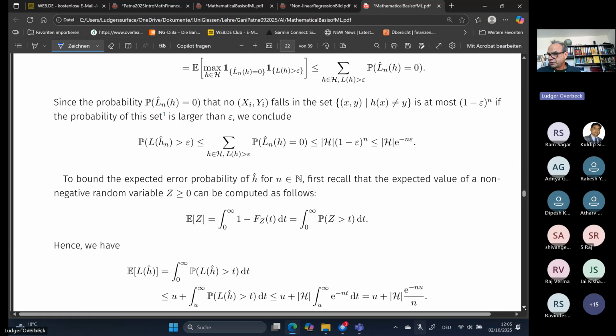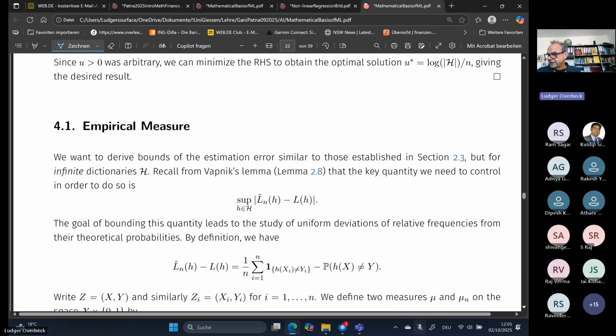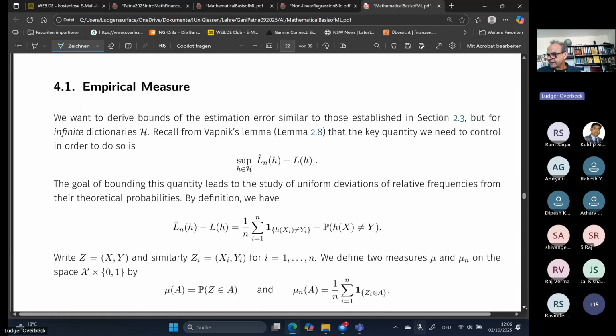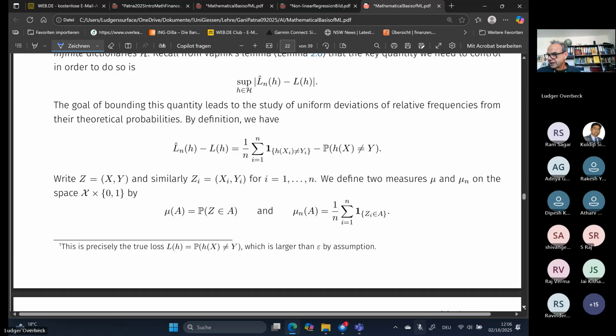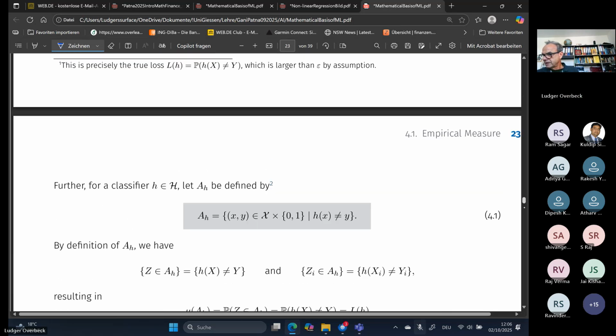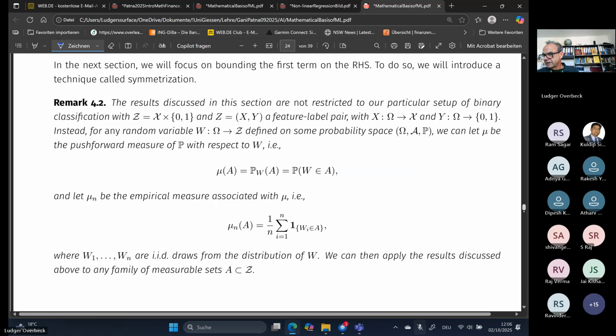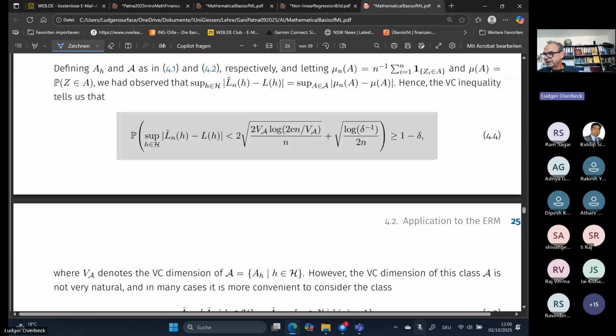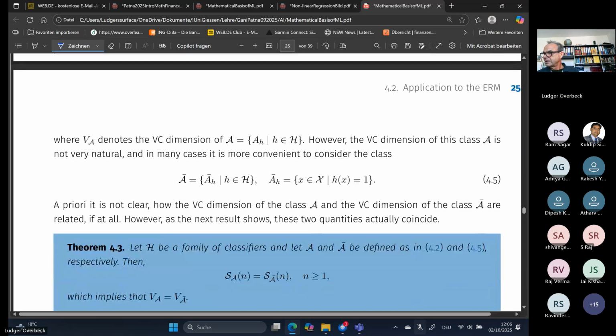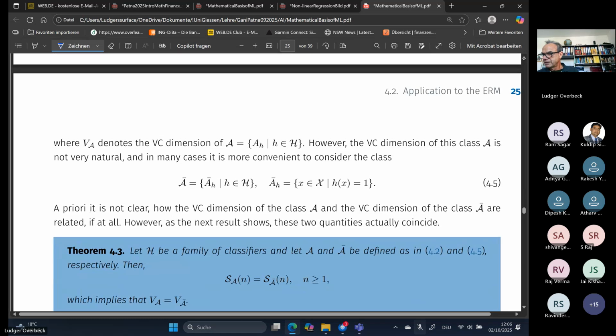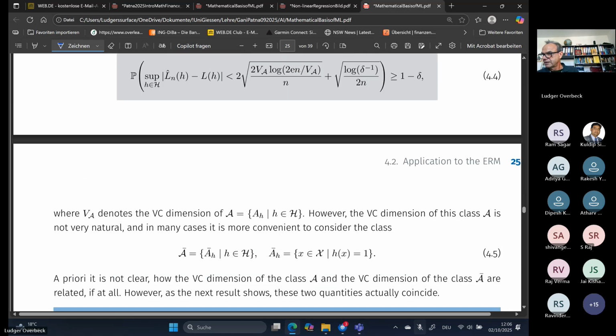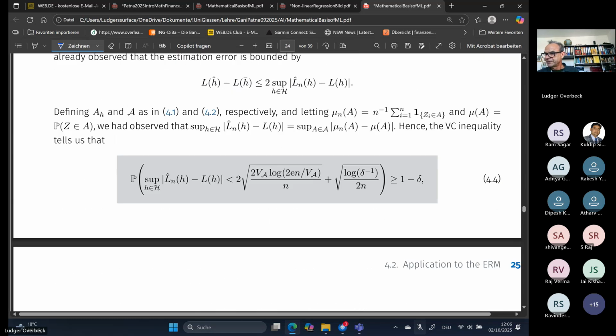Okay, I won't go into the proofs here. I just want to give you the final result. So now here we have actually an infinite class.